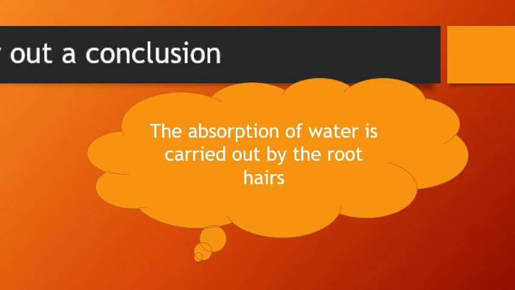The absorption of water is carried out by the root hairs. We can conclude this since the plants in 1 and 3 develop normally when the root hairs are placed in water, and in 2 it wilted because the root hairs are placed in oil. So the absorption of water is carried out by the root hairs.